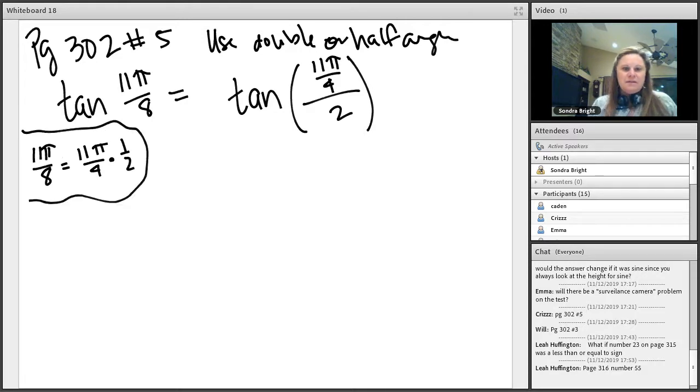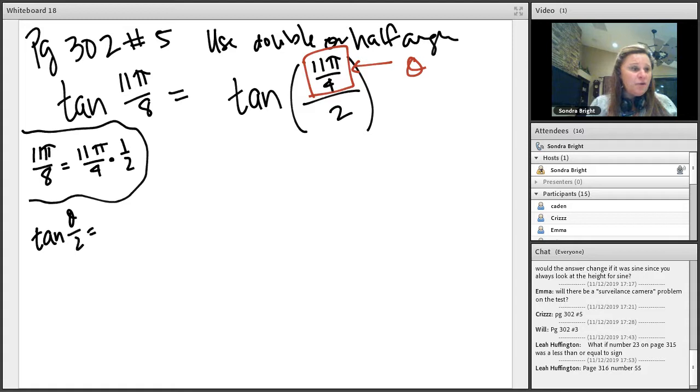So this upper part is the theta that you're going to plug into your half angle identity, which I don't remember what letters we used. I'm going to use theta right now. All right, so what I know is I've got three formulas for you to use for tangent of the half angle.